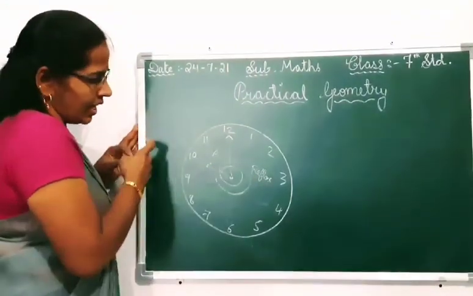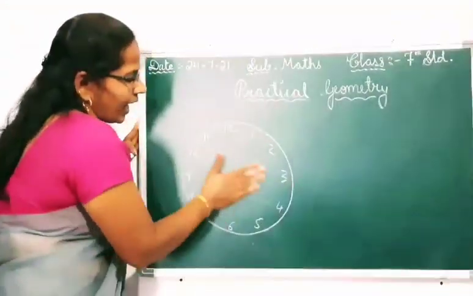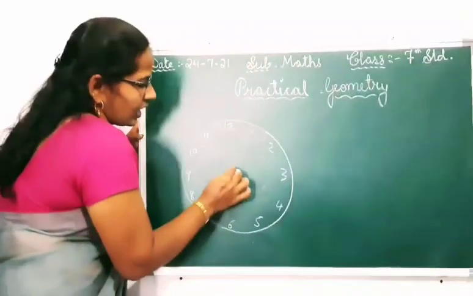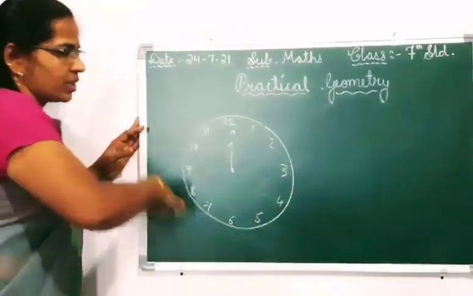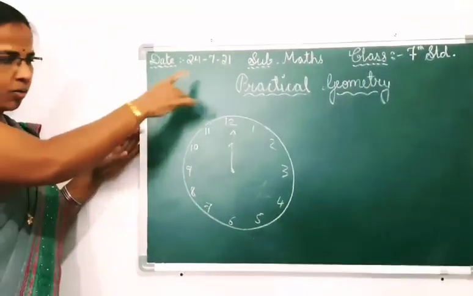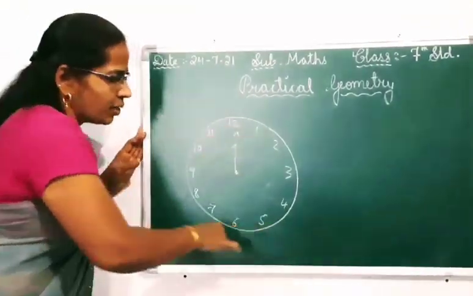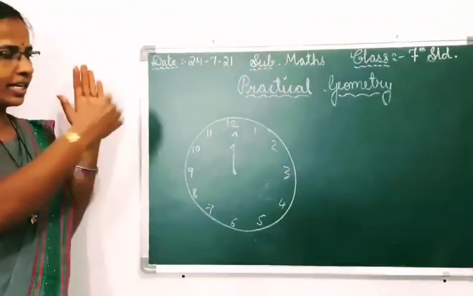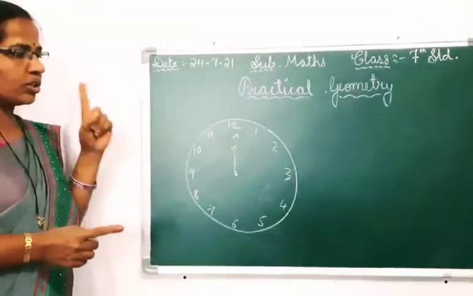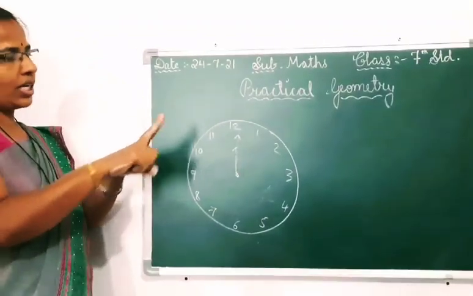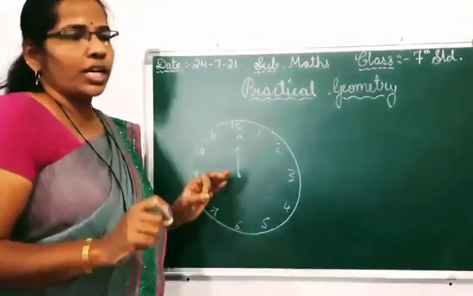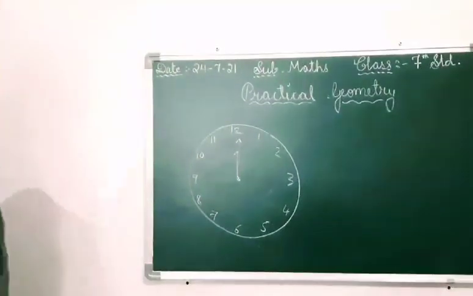Then complete angle, for example, exactly 12 o'clock. Okay, because after one round, clockwise, at 12 o'clock the both small hand and big hand overlap on each other. Okay, then this is the best example for a complete angle.